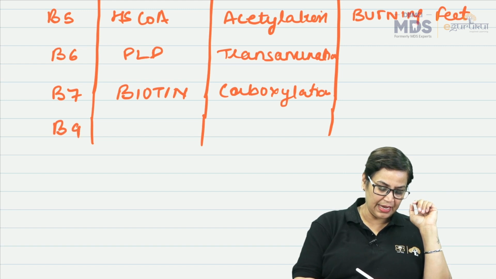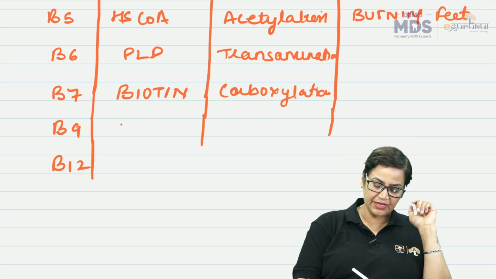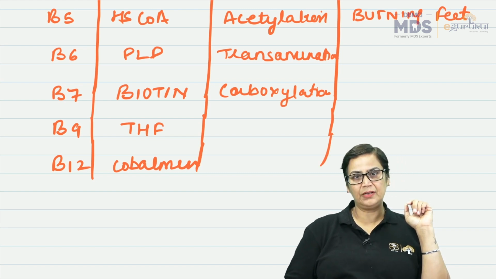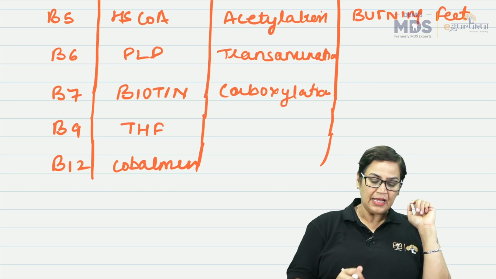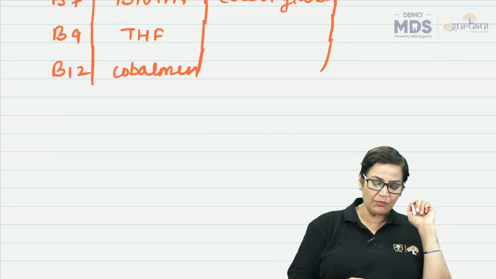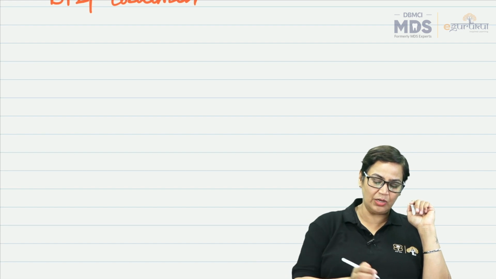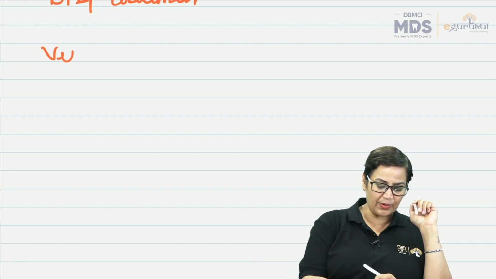Then B9 and B12. B9 is THF, B12 is cobalamin, and reactions we have studied because most of the reactions are common. Right? Now after this we come over to the last water soluble vitamin which is vitamin C.